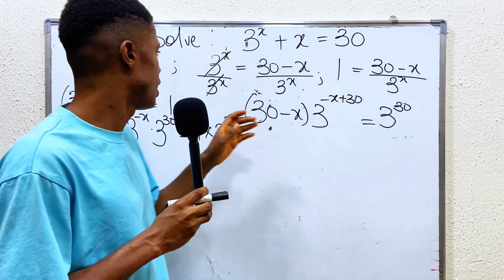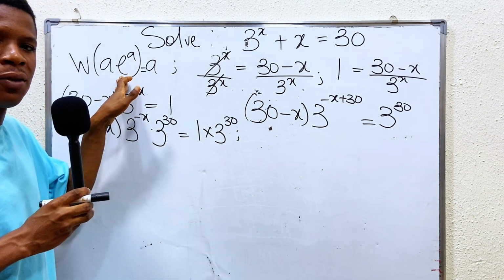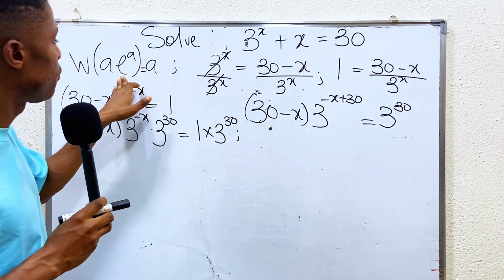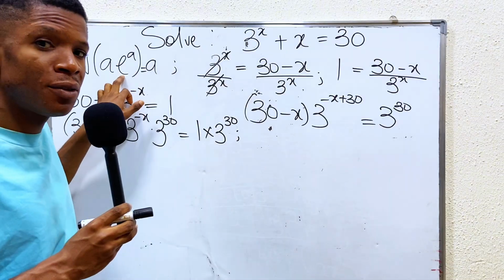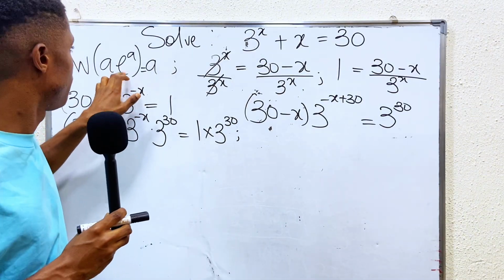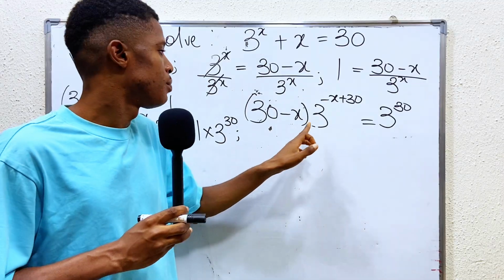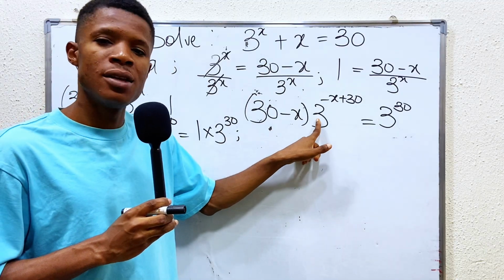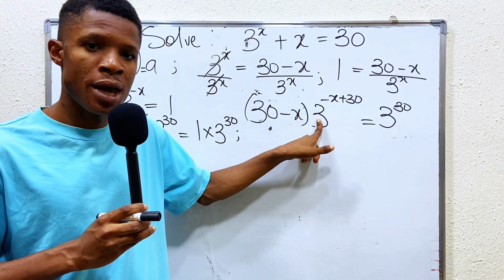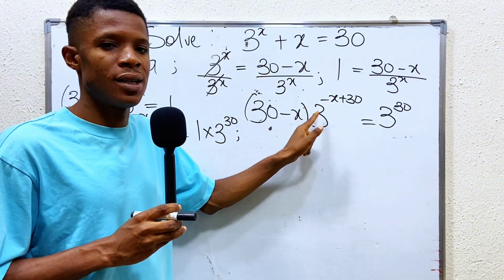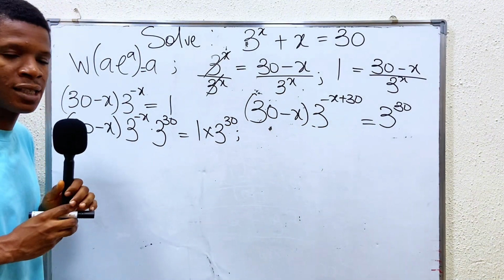Actually getting closer to the Lambert W function standard. But unfortunately, in the Lambert W function, we make use of e, not just 3 power. We make use of e, not just the 3. Okay? So we are going to rewrite this 3 in terms of the exponent.